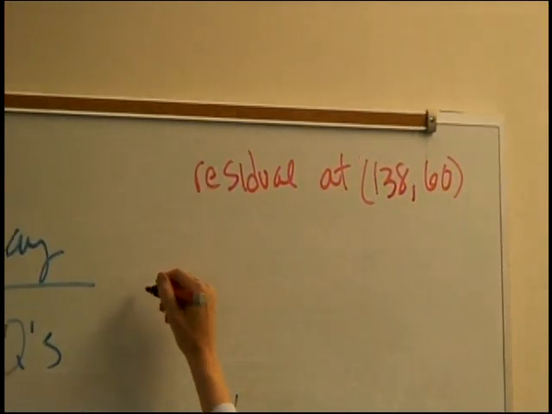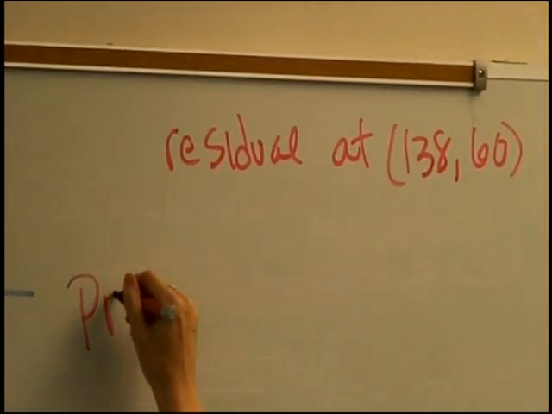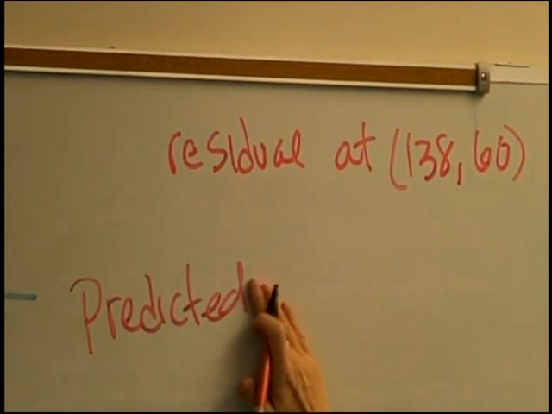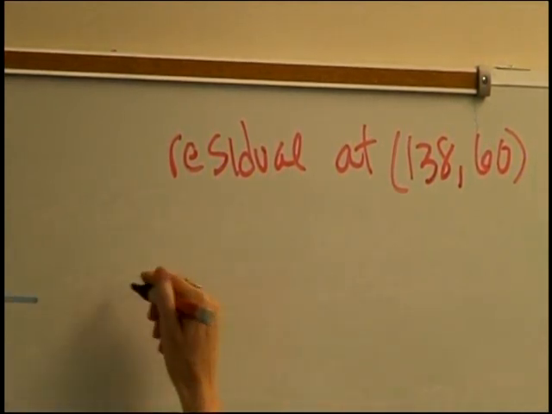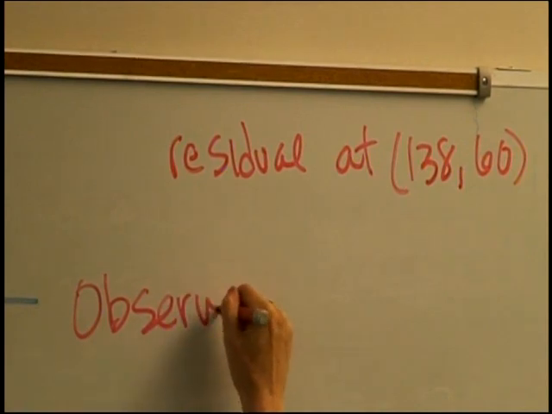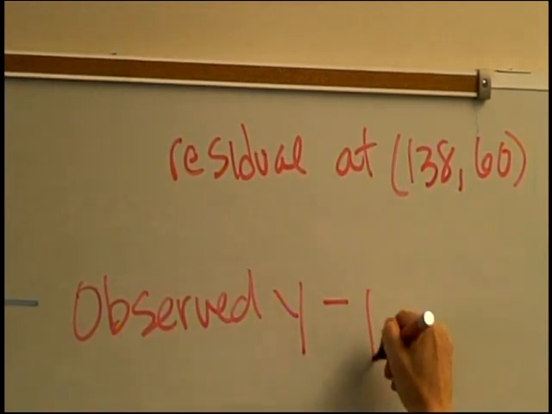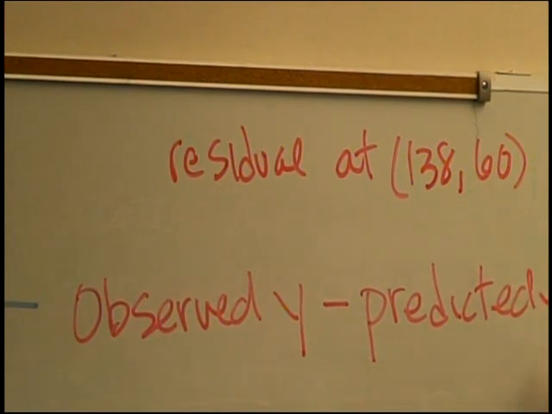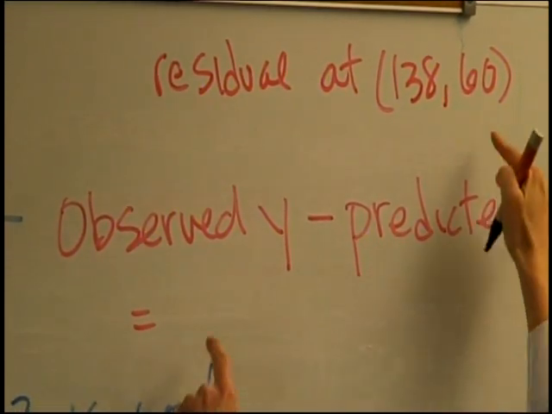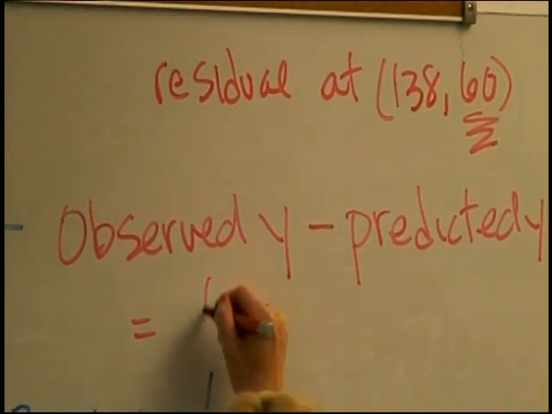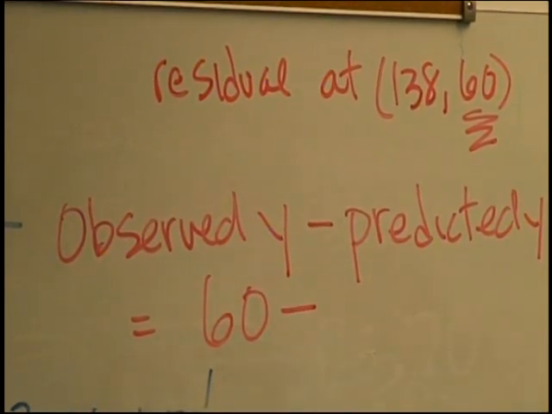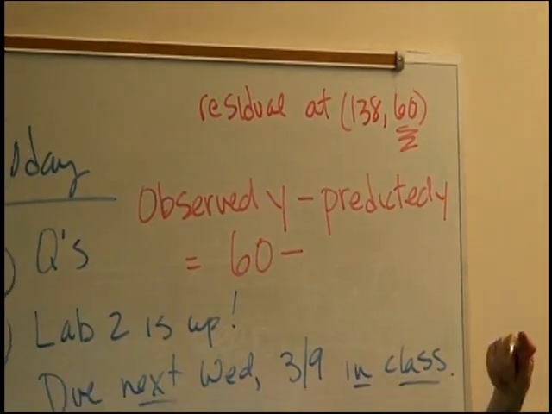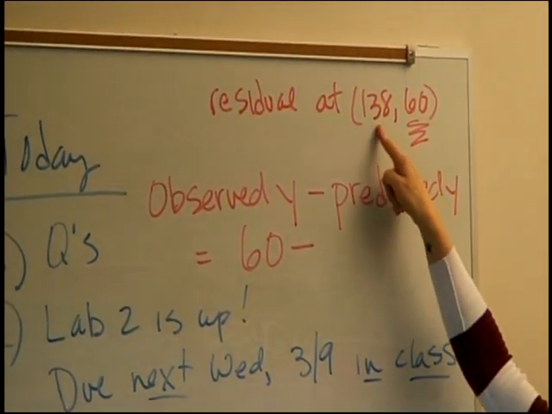It's the observed Y minus the predicted Y. So the observed Y is right here, and the predicted Y is the Y value on the line when X is 138.